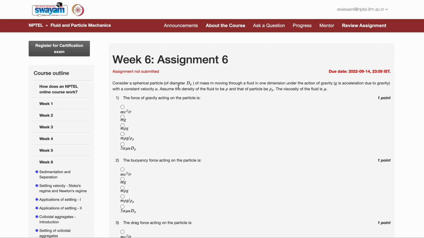So I have a fluid body, or a large tall container, you can think of it that way, and I have a small particle of diameter dp, mass m, and density rho p, where the fluid has density rho and dynamic viscosity mu, and g is the acceleration due to gravity.